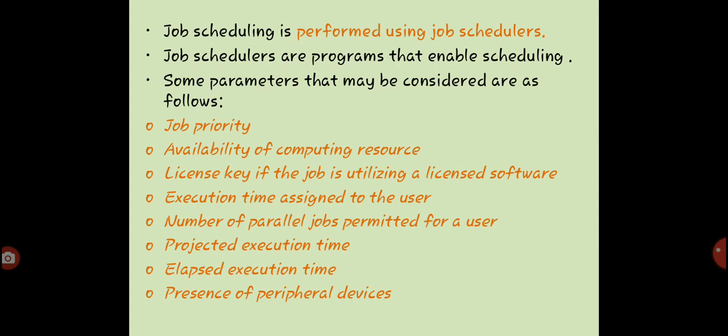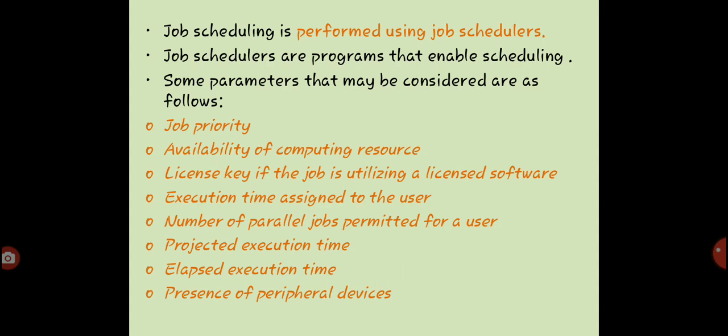Then availability of computing resources. It depends on the availability of computing resources. If the resource needed by a particular job is not there, some other job will be selected and processed. Then the license key of the job, then execution time assigned to the user.